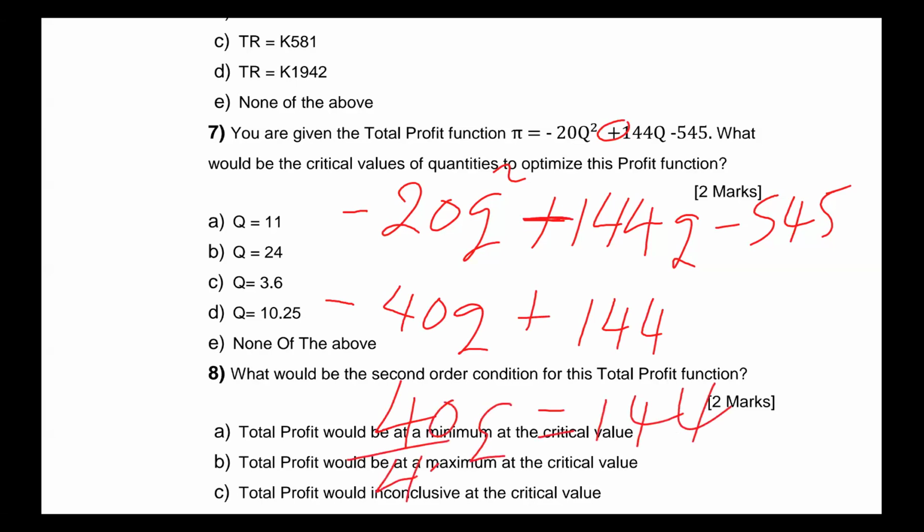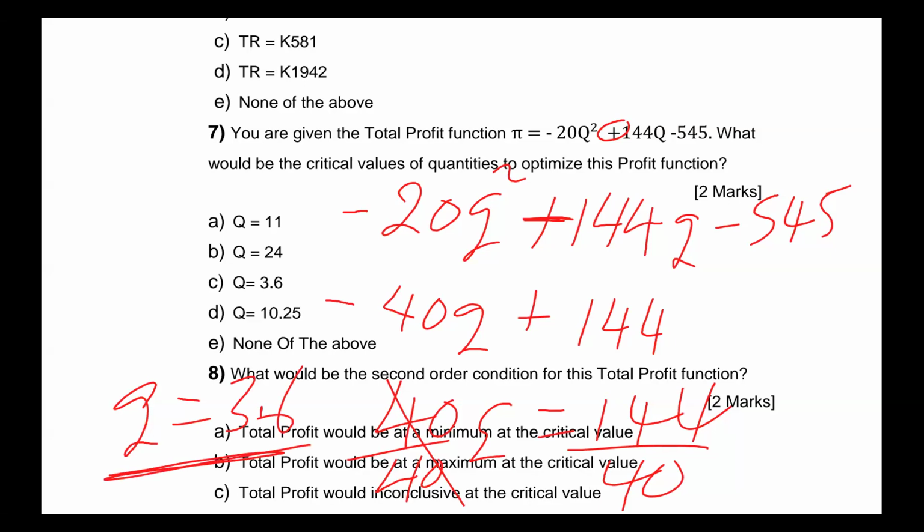Divide through by 40, so q equals what? 144 divided by 40 is 3.6. So the answer is 3.6, so the answer is C.